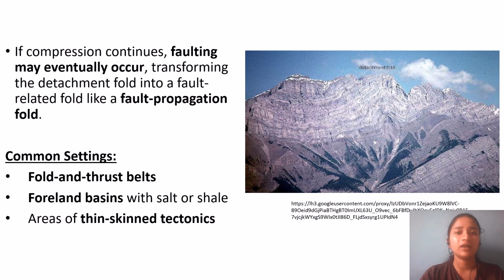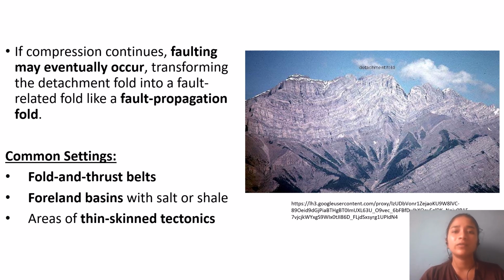If the compression continues, a detachment fold, which originally forms without faulting, may eventually develop a fault. This transforms it into a fault propagation fold, where the fault pushes upward and folds the overlying layers.